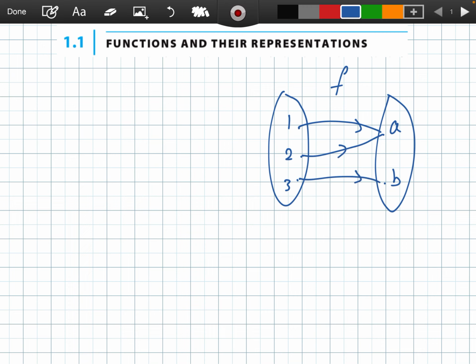This relation is said to be a function when every element in the first set is paired with exactly one element in the second set. The first set is called the domain, and the second one is called the range.